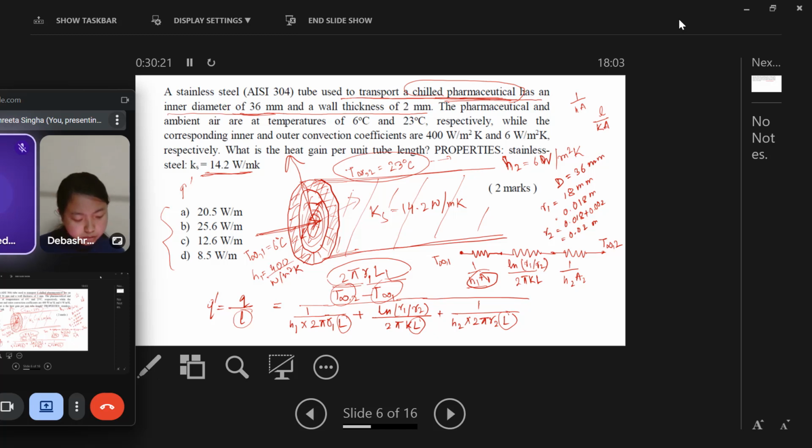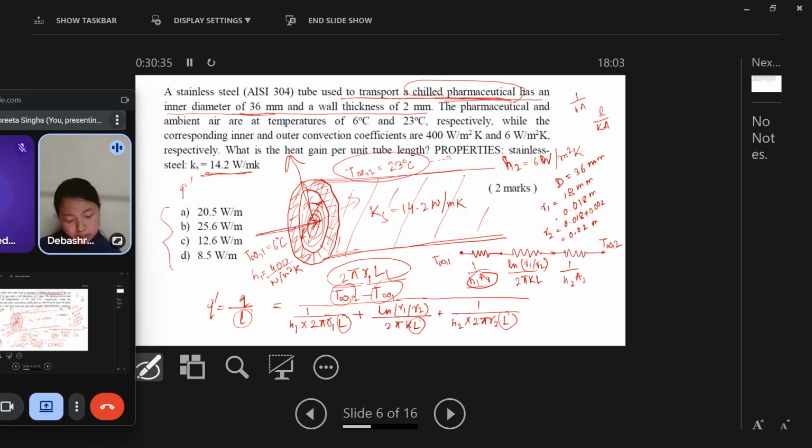If you have made some simplifications like this, where you can cancel out the L, then the formula might change, but the resistance formula will not change.